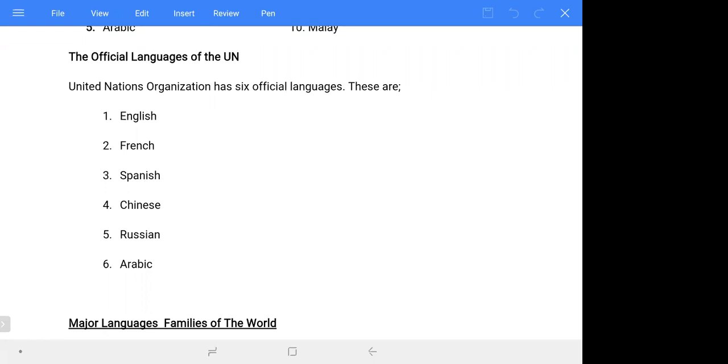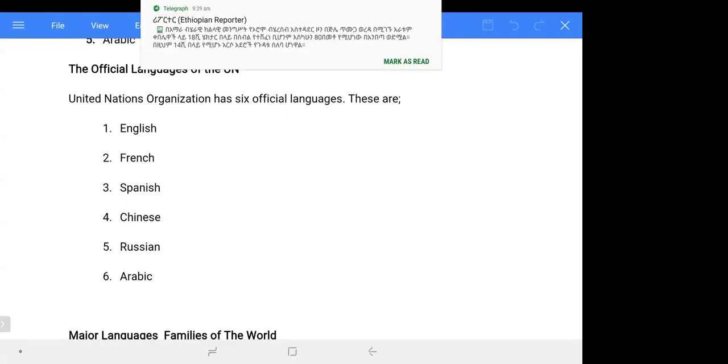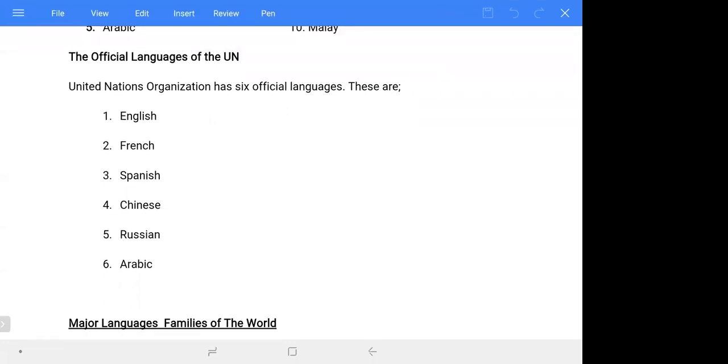That means, for example, our Prime Minister Abiy may speak in Amharic during the meeting of the UN, yes. When he speaks in Amharic, then the officials of the UN translate this Amharic speech of Dr. Abiy into English, French, Spanish, Chinese, Russian, and Arabic, yes.